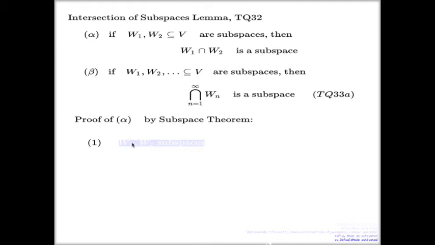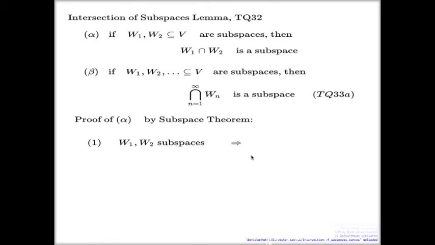The first one was the criterion which required 0 to be in the proposed subspace. In this case, the intersection is the proposed subspace, the one we're testing to be a subspace. These two are given to us as subspaces, so we're going to exploit what is given in order to show the intersection is a subspace. So here we go. We start with what is given to us. W1, W2 are subspaces.